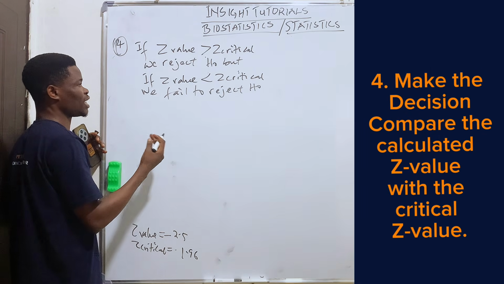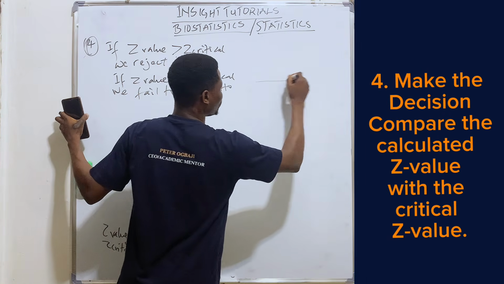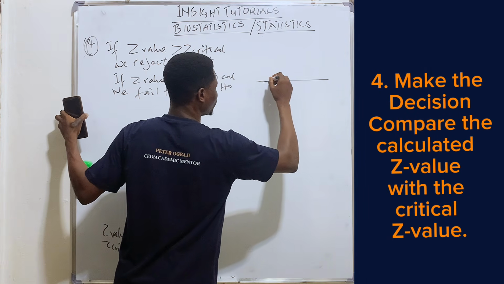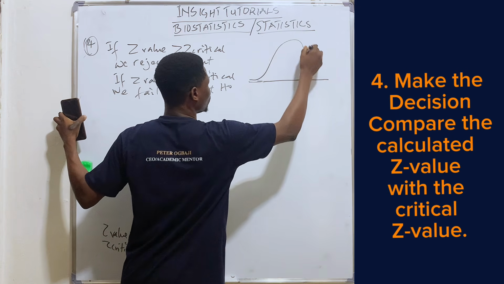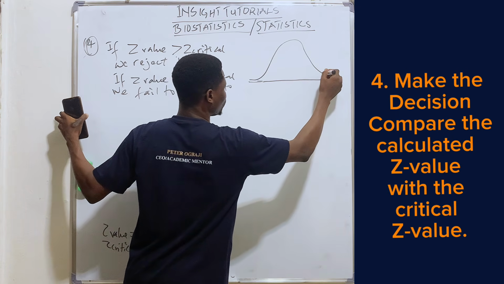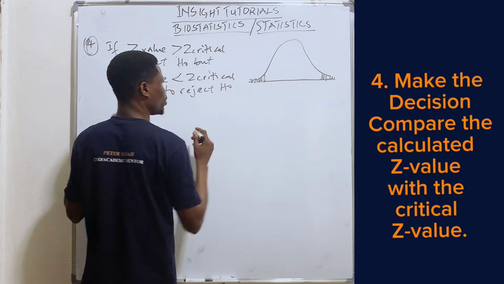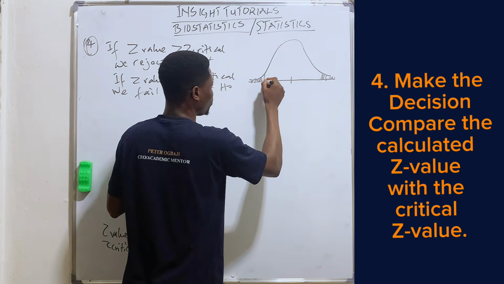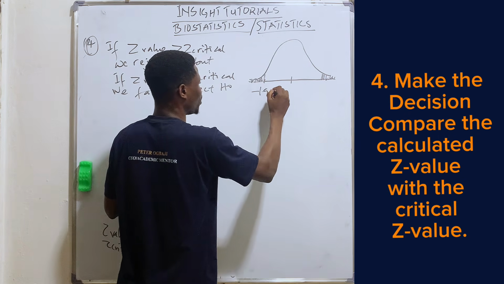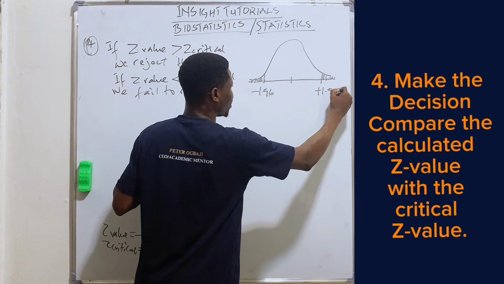But there's also other criteria you can use. Sometimes you have to check if it falls within the given range. For example, for this Z test, for this particular question we are solving, there's what we call the normal distribution curve. And the normal distribution curve helps us to gauge the Z critical value where the range falls. Now, if this is the average, from this point is negative 1.96. From this point is positive 1.96.